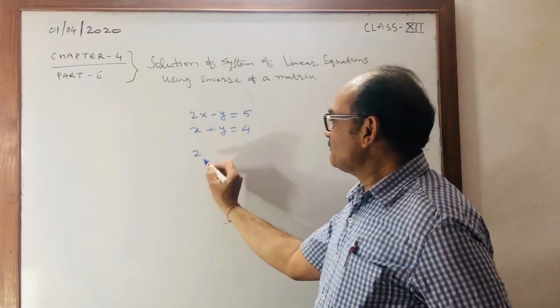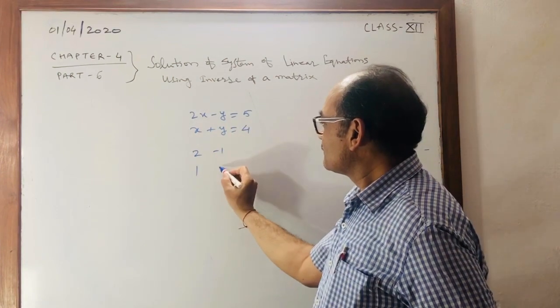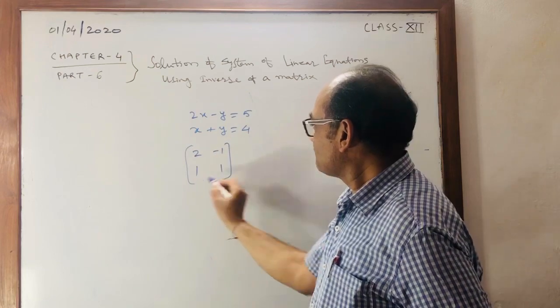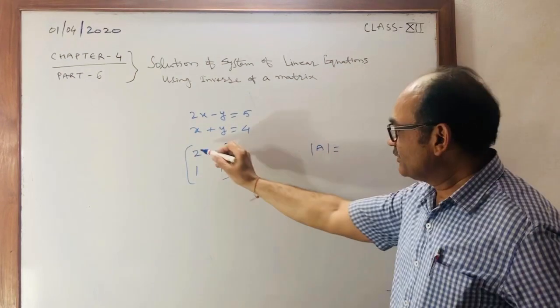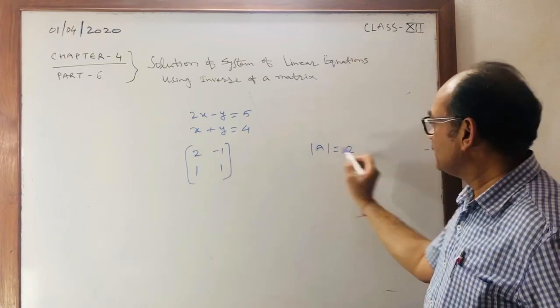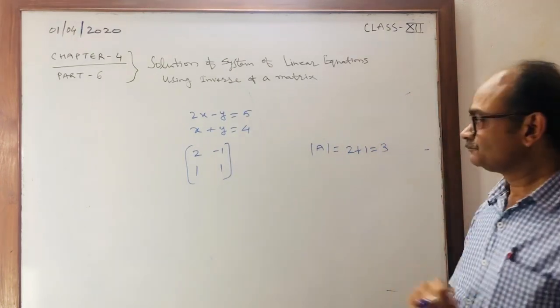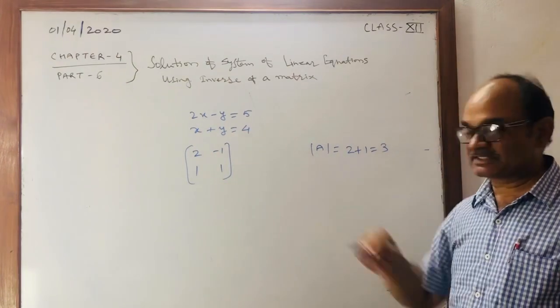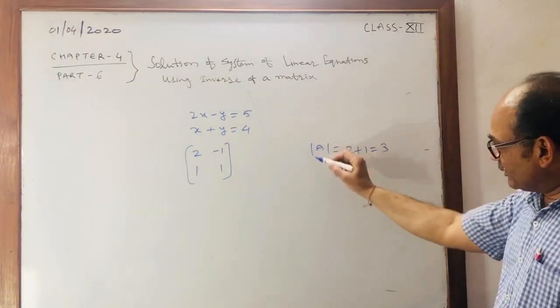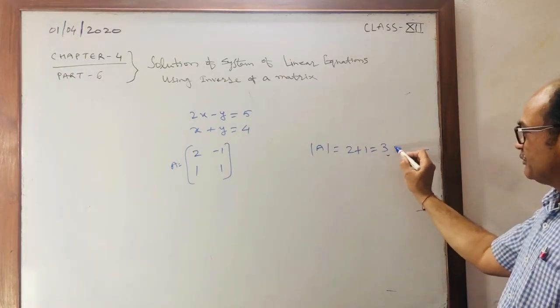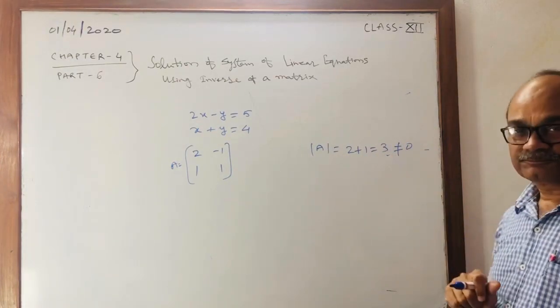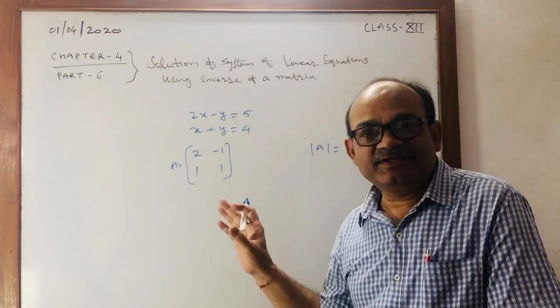So the determinant value, what are we getting? 2 plus 1. The determinant value of this A matrix equals 3, which is non-zero. Hence there will be a unique solution.